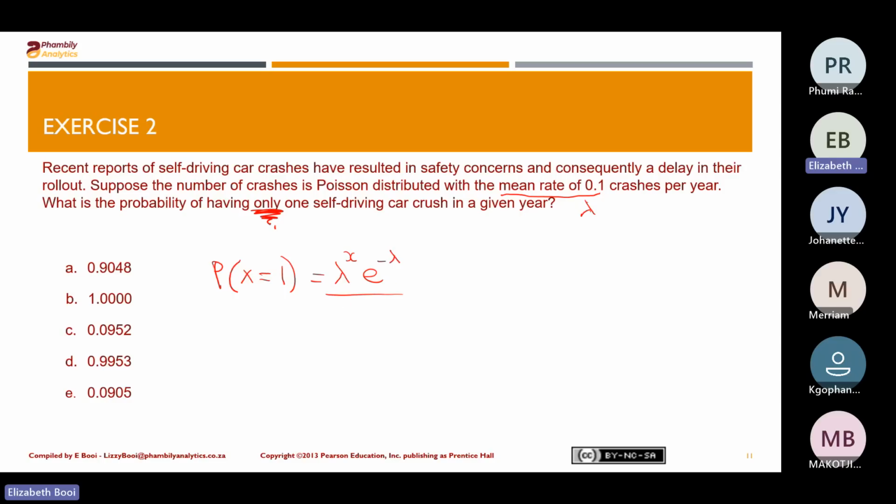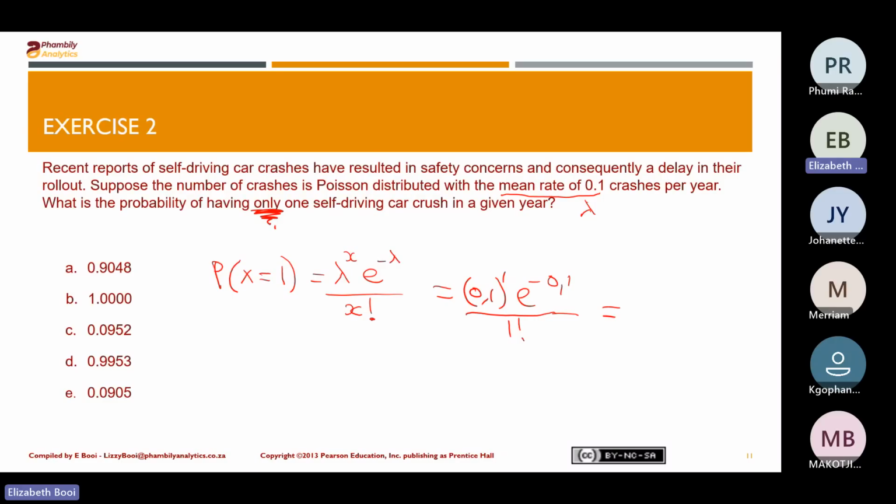Because lambda multiplied by the e, it's still going to give you the same answer. So for those calculating it manually, our lambda is 0.1 to the power of x, which is 1, times e to the power of minus 0.1, divided by 1 factorial.